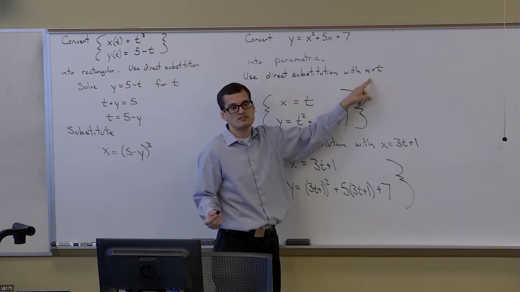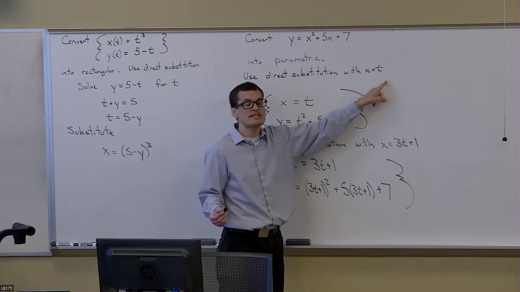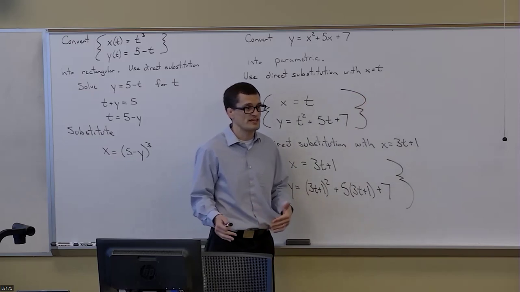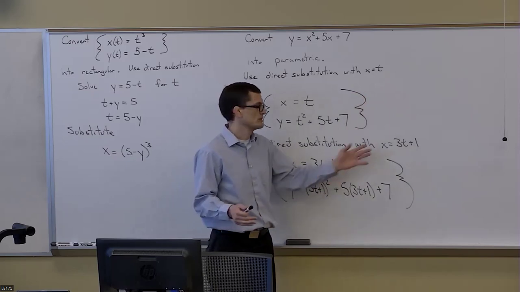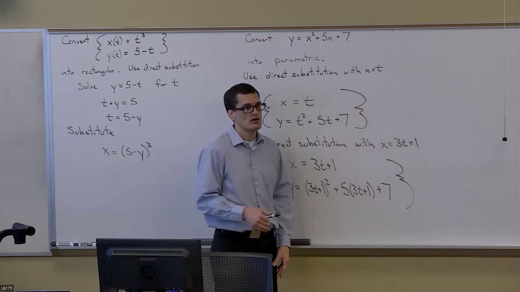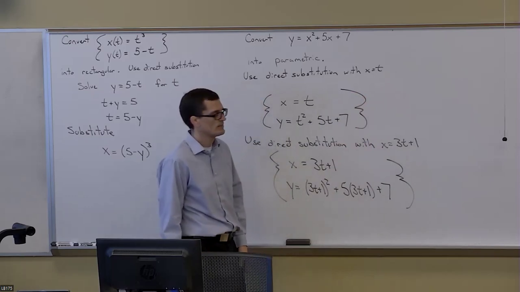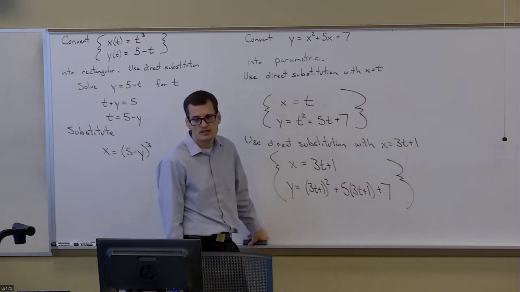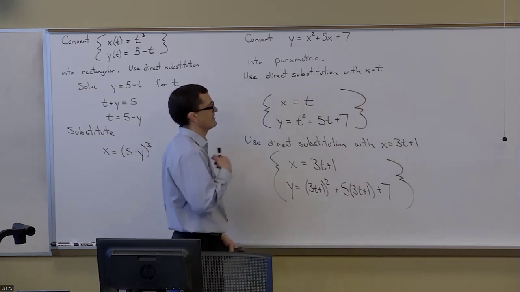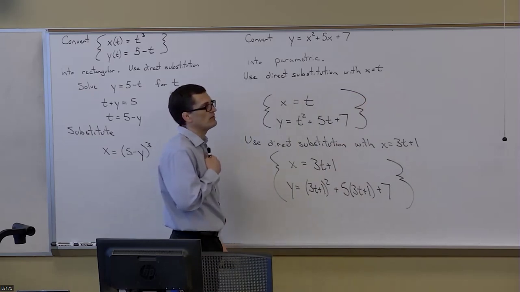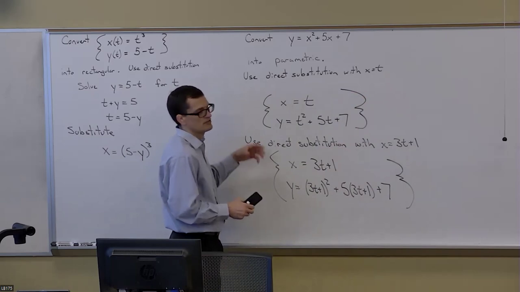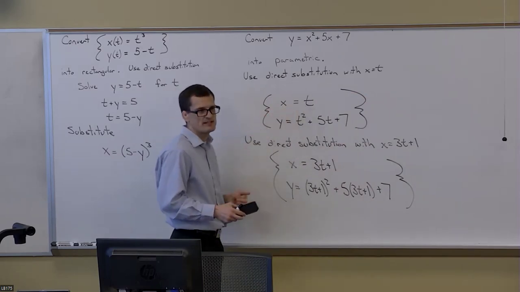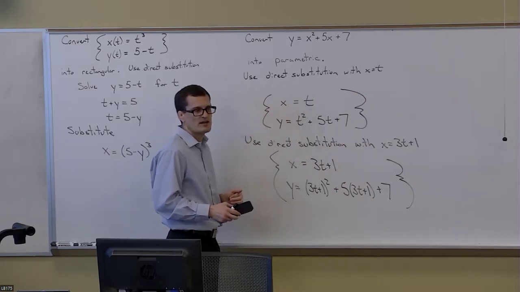So there are maybe some scenarios where you want to use x equals t, and there might be another scenario in which you would want to use x equals 2t, or x equals 3t plus 1, and so forth, depending on the situation. But generally, if there's no other reason to use something more complicated, I typically just use x equals t. All right?